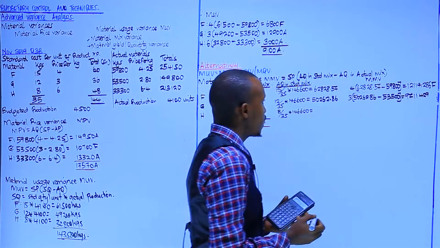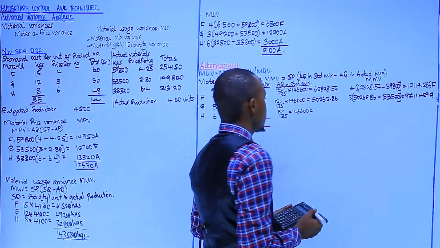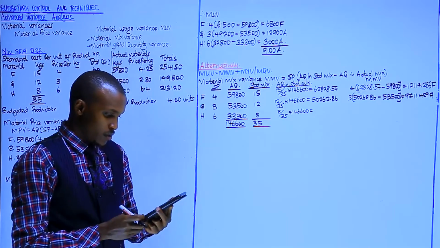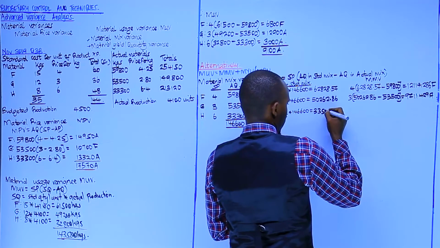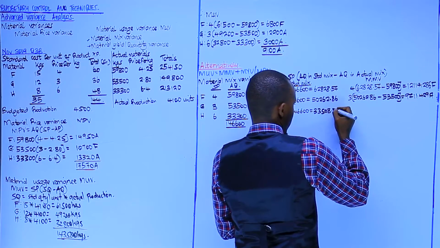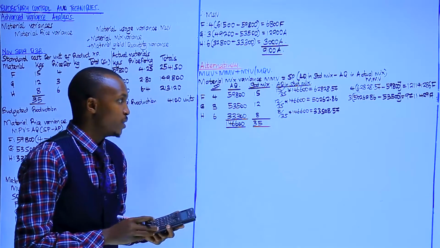9711.429, which is going to be what? Adverse. So this is adverse. 33,508.571 is the actual quantity in standard mix.